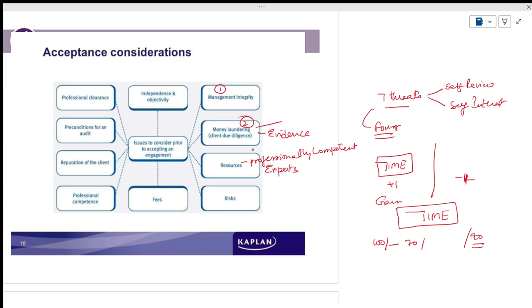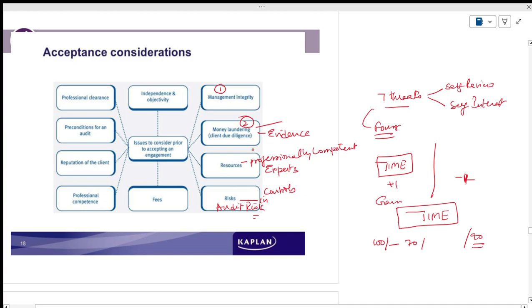We should know what the risk factors are. Are there controls? Controls have to be there, and they have to be effective controls. Audit risk we will cover later, when we talk in detail about audit risk.